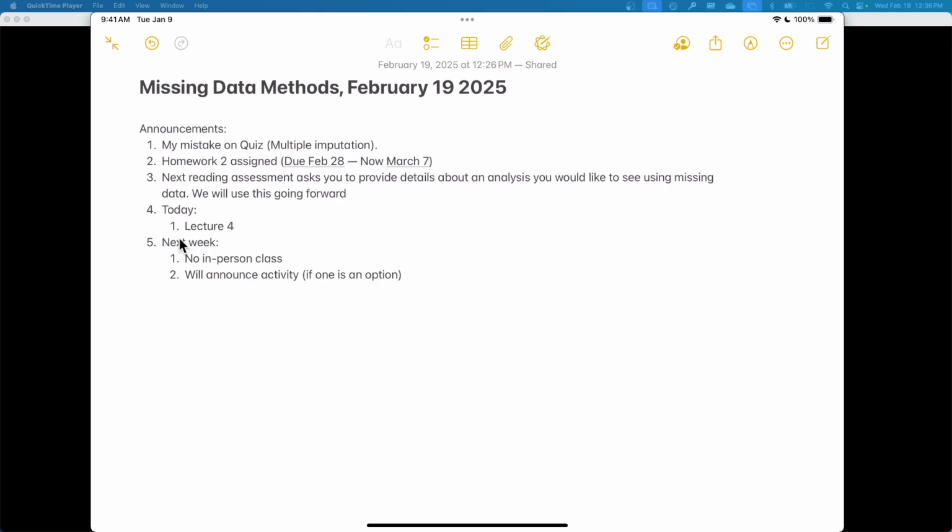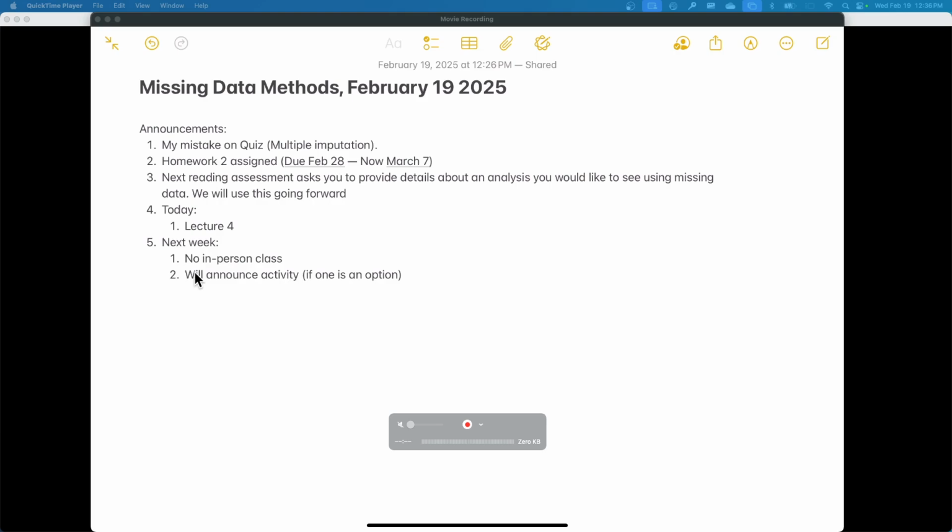The stuff in chapter 3, the background information, like when you get into the structural equation modeling approach, some of you've taken SEM before. Some of you've taken path models before, but you've never put it together and never talked about missing data. So I feel like I need to give you that background. But what I really need to give you is the conceptualization of why it works, what framework it fits into. And that's sort of what the lecture today is. And then, as I will note, there's no in-person class next week, and there won't be an activity either.